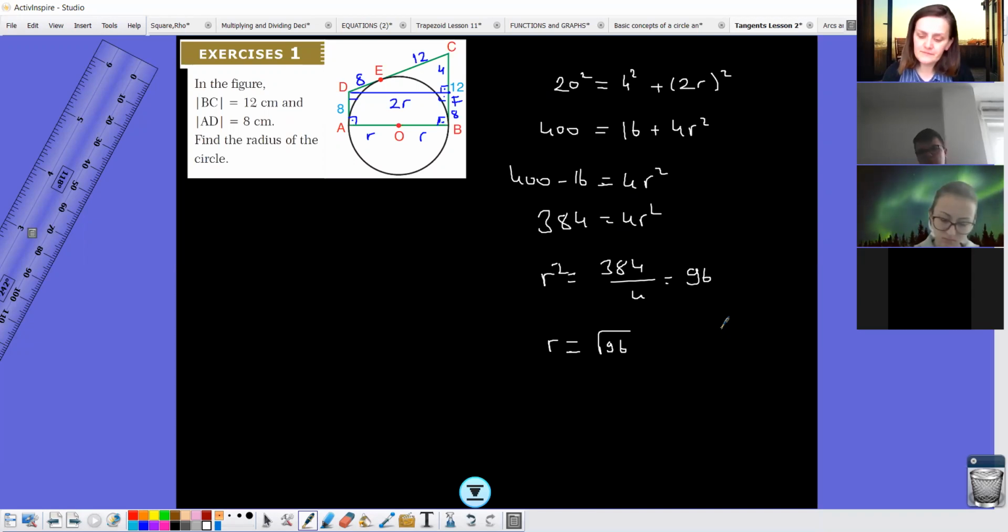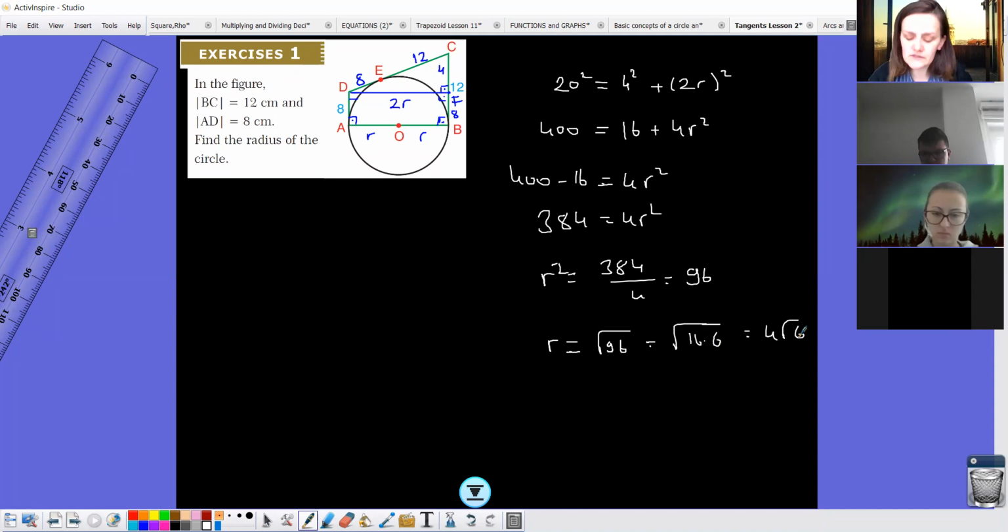The result is 24, which is also divisible by 16. It means 16 times 6. So 4 root of 6 is the radius.